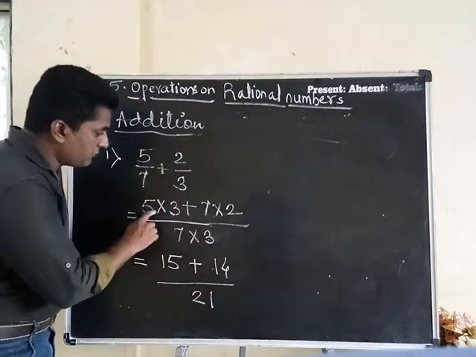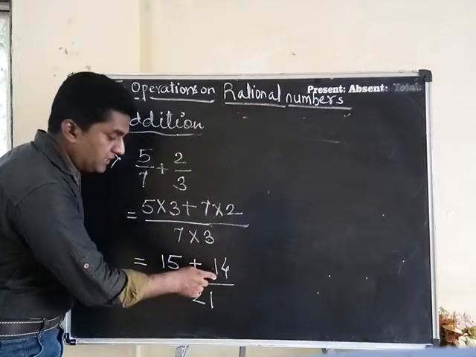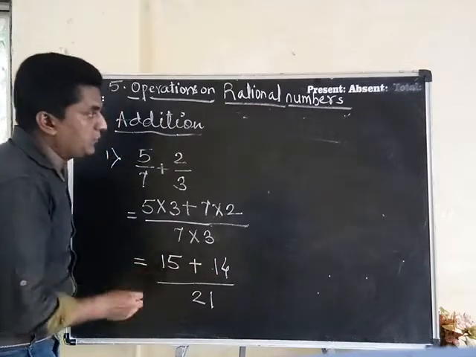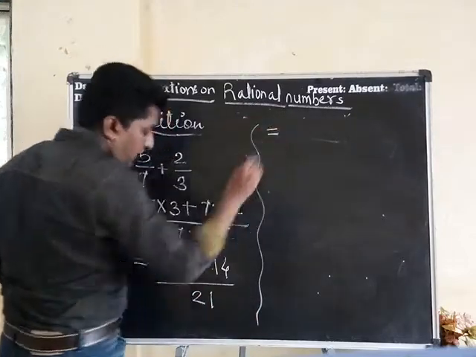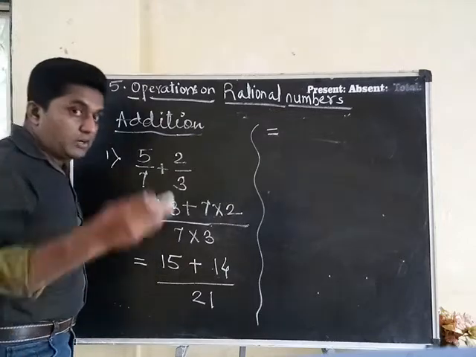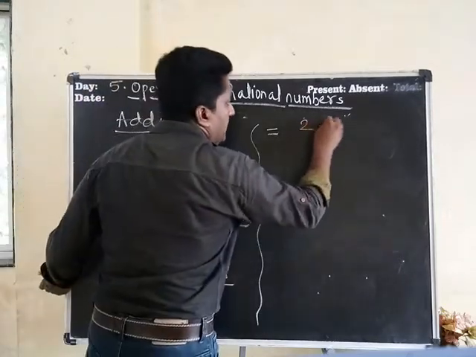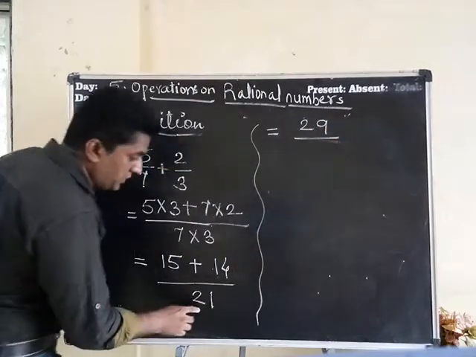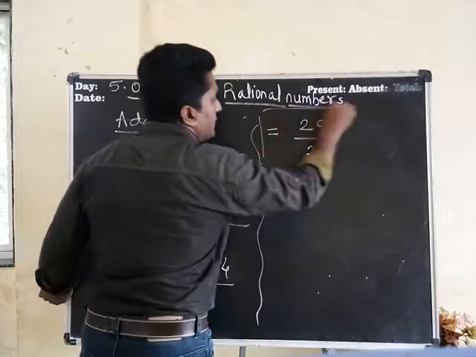Now add the numerators, 15 plus 14. What must be the answer? 29. So 29 upon 21, and this is your final answer.